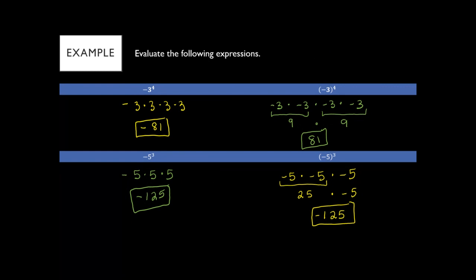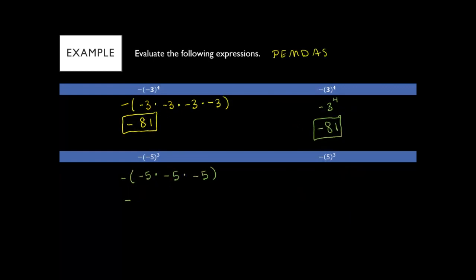That gave us -125. So we have a negative and then a -125. And now when you multiply those, a negative times a negative, with two negatives, they cancel out. This gives us a positive 125. Now we're not distributing that negative before we do the exponent. We're doing the exponent first, and then you're dealing with the negative.